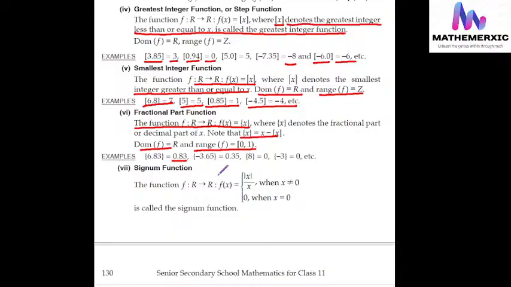So the step function of negative 3.65 will be the smaller value, that is minus 4, and since minus is already there outside, it will be plus 4 and negative 3.65, so obviously it is 0.35.